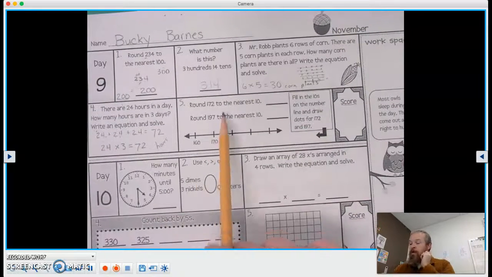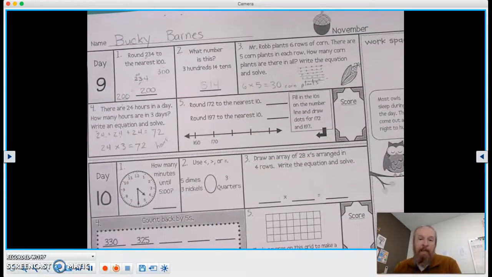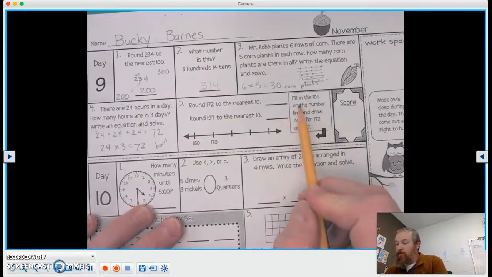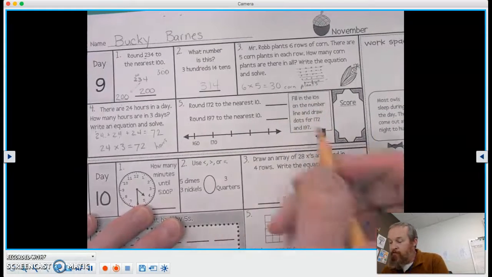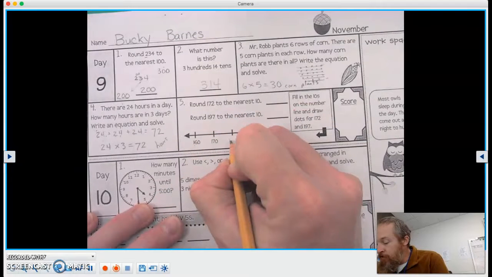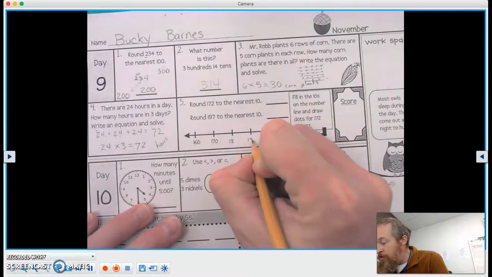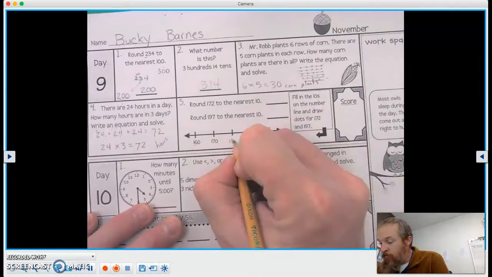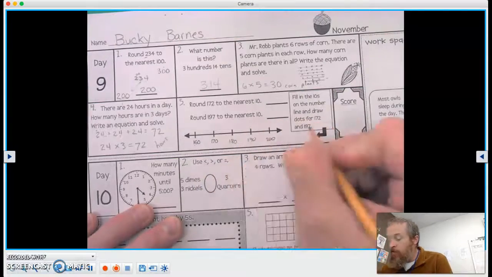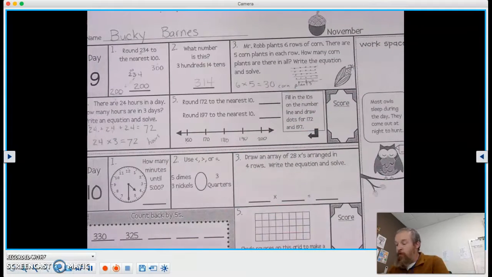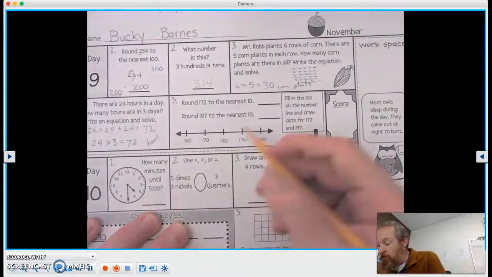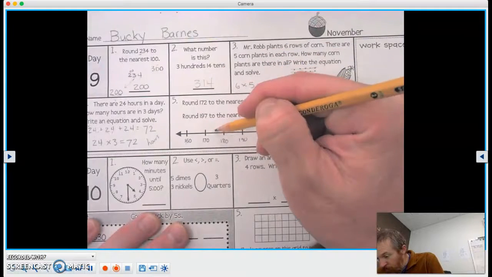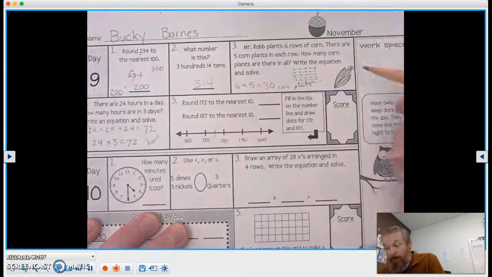All right, round 172 to the nearest 10. Okay, so first let's fill in the tens on the number line. 16, 17, 18, 19, 20. And we're going to put a 0 at the end of each of those. Now we're going to put a dot for 172. So here's about 175, right?